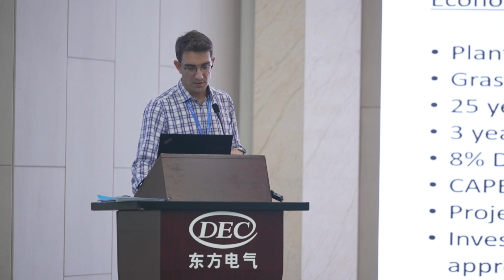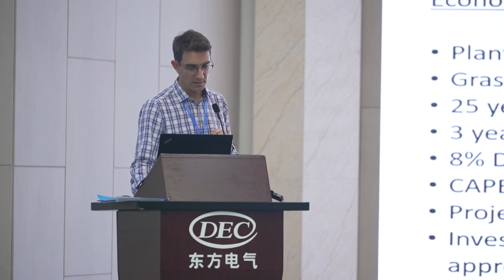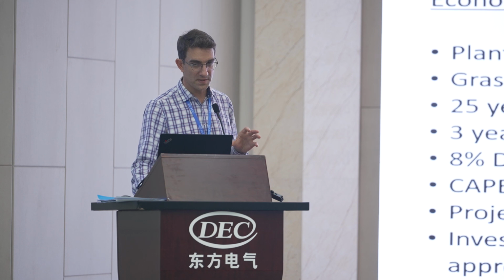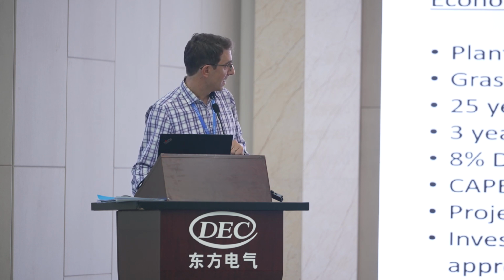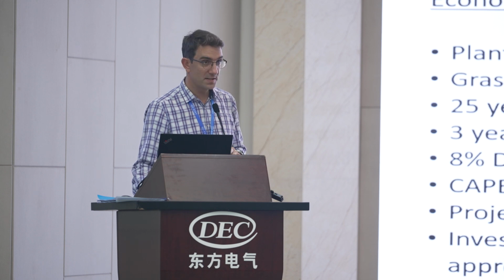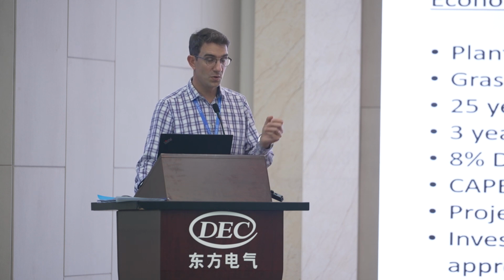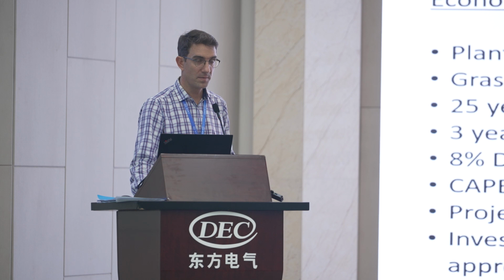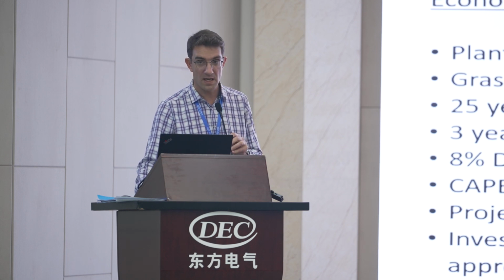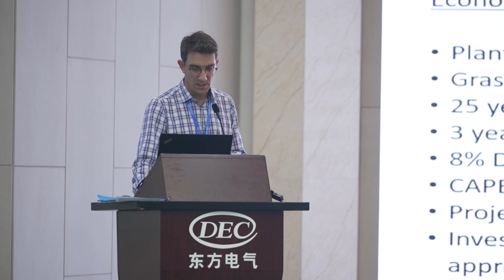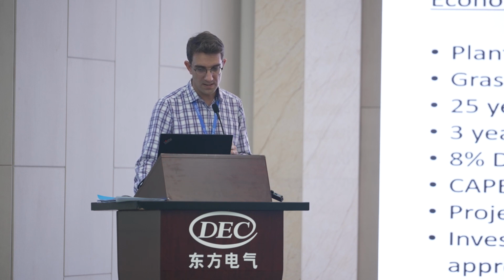And you see in blue the reference case. It's a CFB without capture. And in gray, that's the CFB, and then behind you add the capture unit by MEA, amine capture. And the CLC case is in yellow.